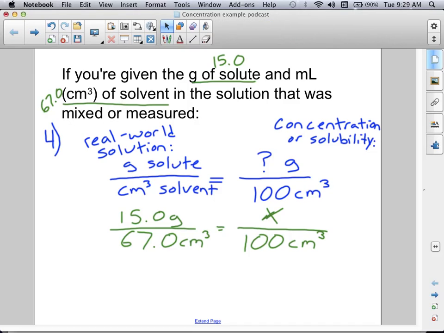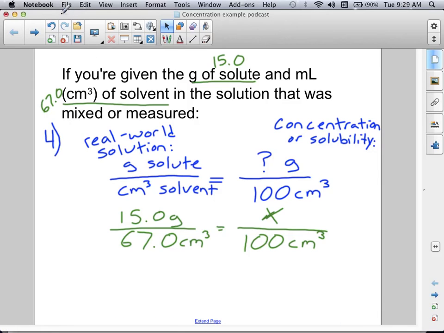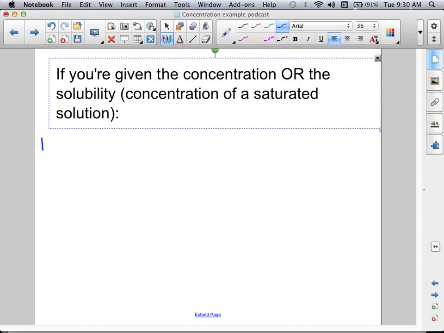Another type of problem that you're commonly going to get goes the other way. You're given the concentration or the solubility, and you need to figure out an actual solution. An example of this is problem 1.